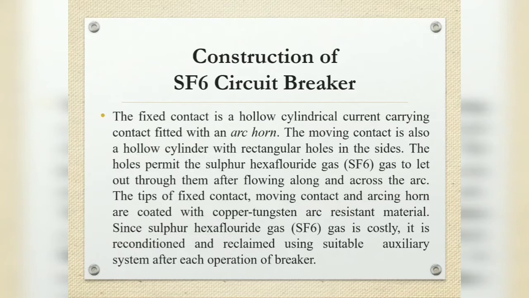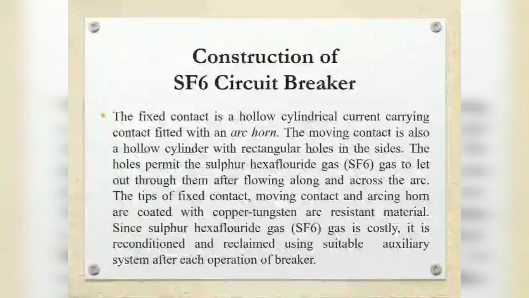The fixed contact is a hollow cylindrical current carrying contact fitted with an arc horn. The moving contact is also a hollow cylinder with rectangular holes in the sides. The holes permit the sulfur hexafluoride gas to let out through them after flowing along and across the arc.